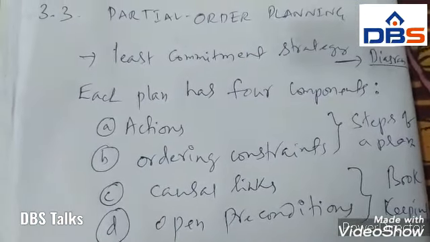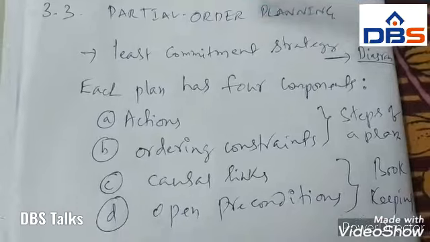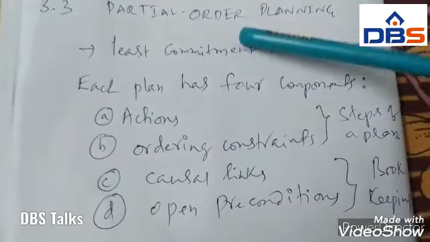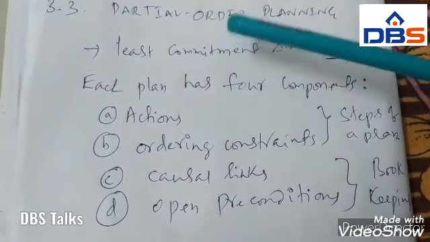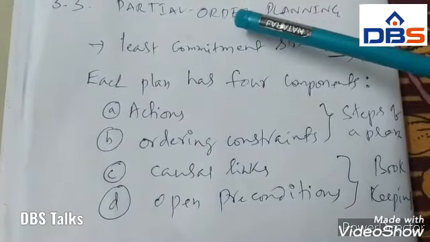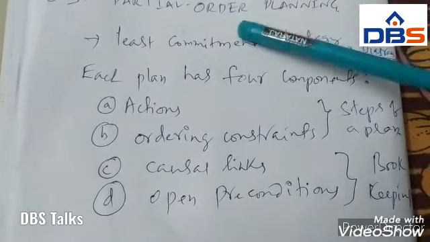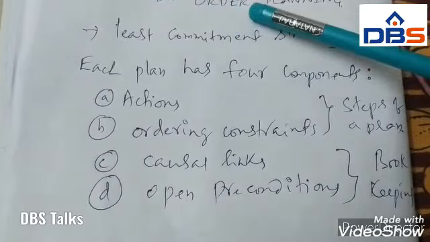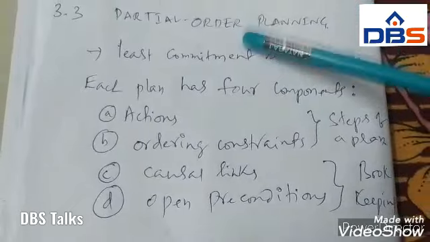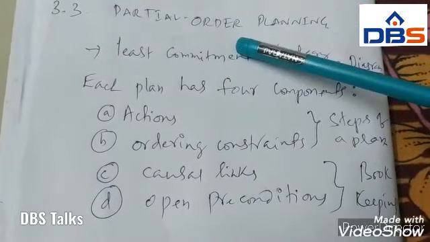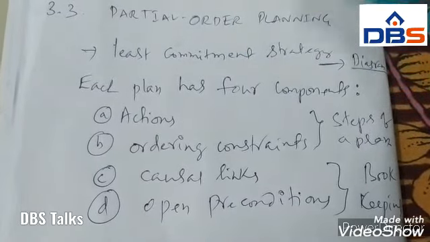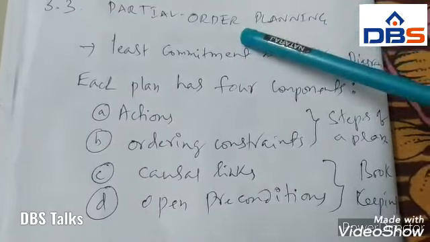Now comes to the third topic in this unit, partial order planning. What was actually the previous approach? Those previous topics do not use the divide and conquer approach. The problem is not divided and is considered as a sequence problem. The drawback of the sequence problem is that every statement or every action is performed or executed.